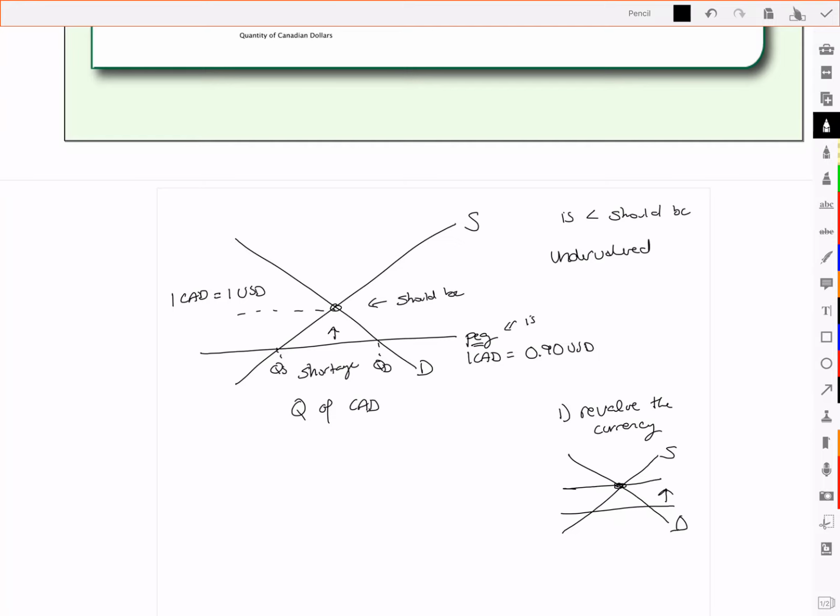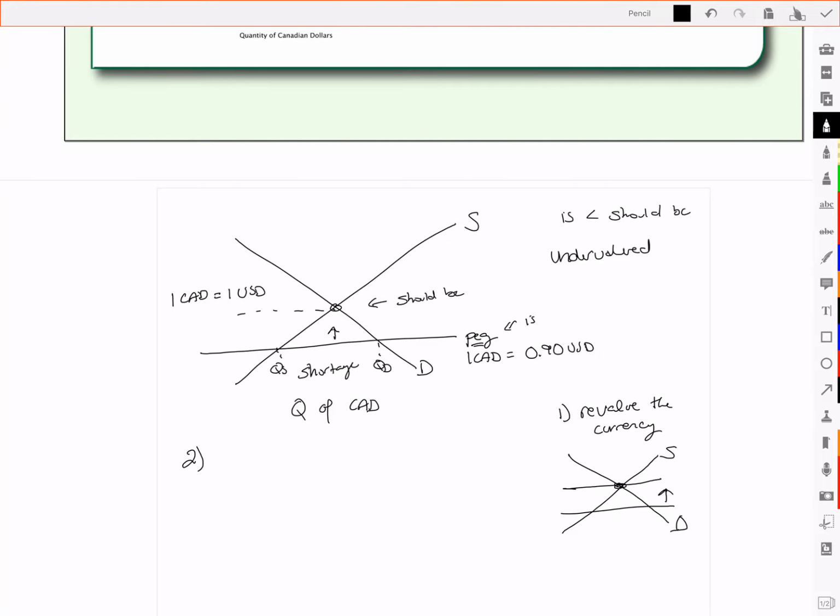We wanted it to be advantageous to our trade to encourage Americans to buy our goods. So it's unlikely we want to just revalue the currency and raise the peg. Plus, the whole point of having a pegged exchange rate is to remove that variability, and if you're constantly changing the peg, what's the point? So likely we're going with option two.